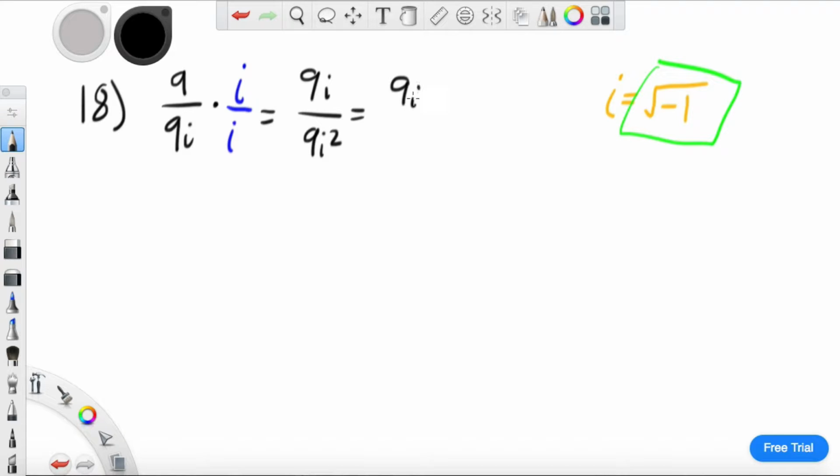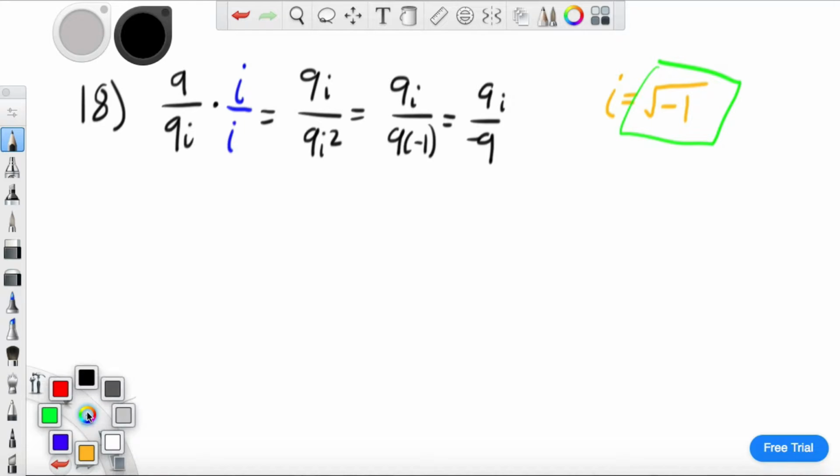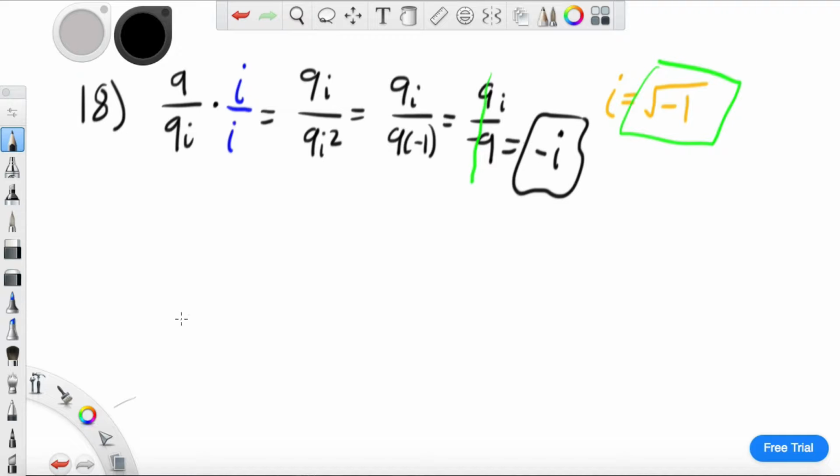Which is the same as 9i over 9 times -1, or 9i over -9. Now, here's a funny thing. The two 9's cancel out, and you're going to end up with just -i. Just -i. That's it. Okay?